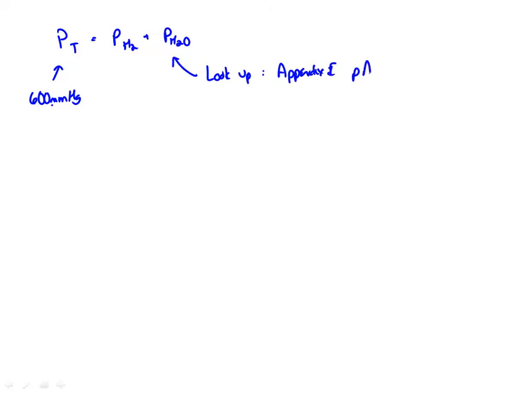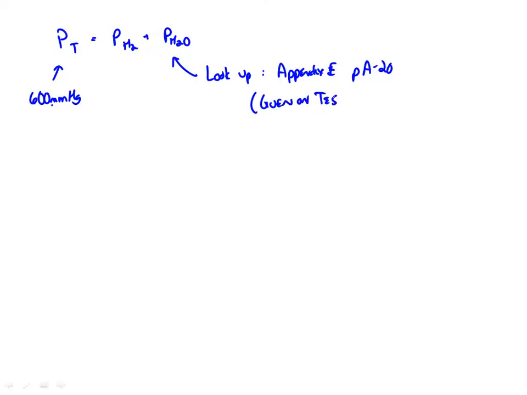So what that means is that the total pressure is equal to the pressure of hydrogen gas plus the pressure of the H2O gas. Well, I know that this is 600 millimeters of mercury. And this we can look up. It is in Appendix E, which is page A20, and you would be given this on a test.